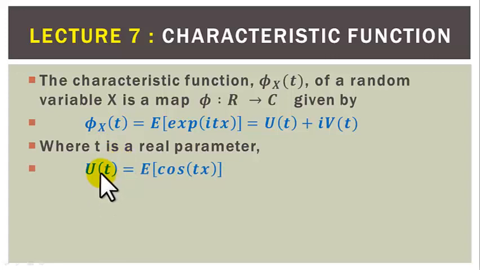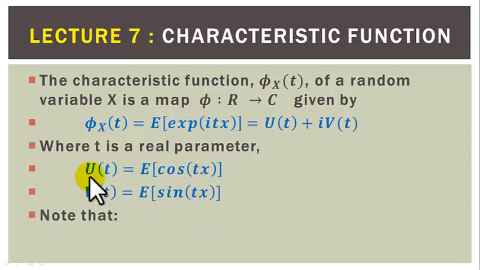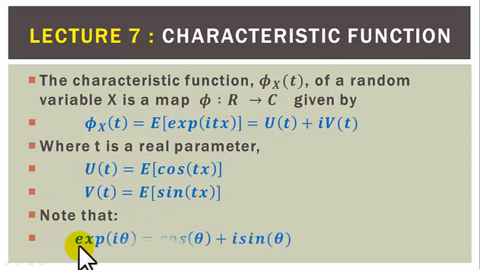Here, we know that u(t) is equal to the expectation of cos(tX), while v(t) is equal to the expectation of sin(tX). Note that e^{iθ} is defined to be cos θ + i sin θ.